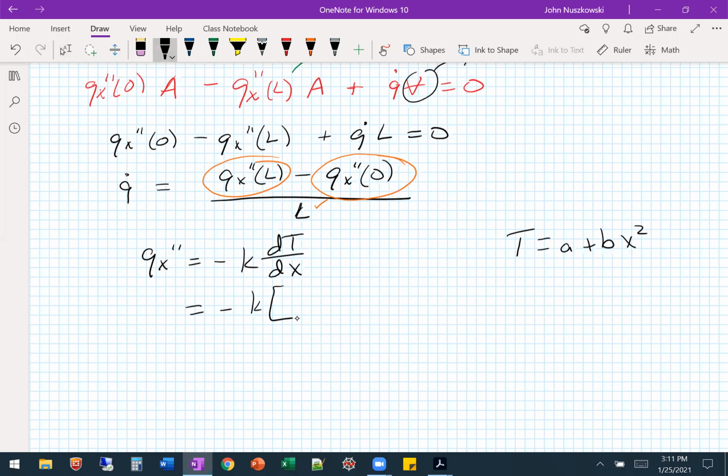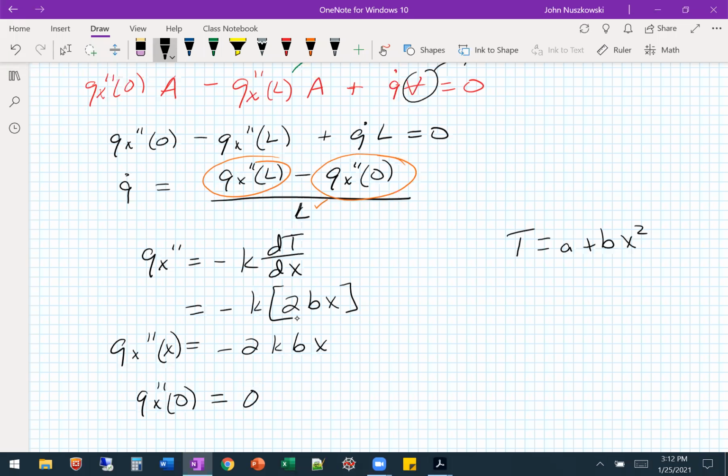So we have 2BX. So that gives us the heat flux as a function of x. So at any location x, we could get the heat flux, right? Well, we want it at 0 and L, right? So if we are looking for 0, what do we get for our heat flux? 0.